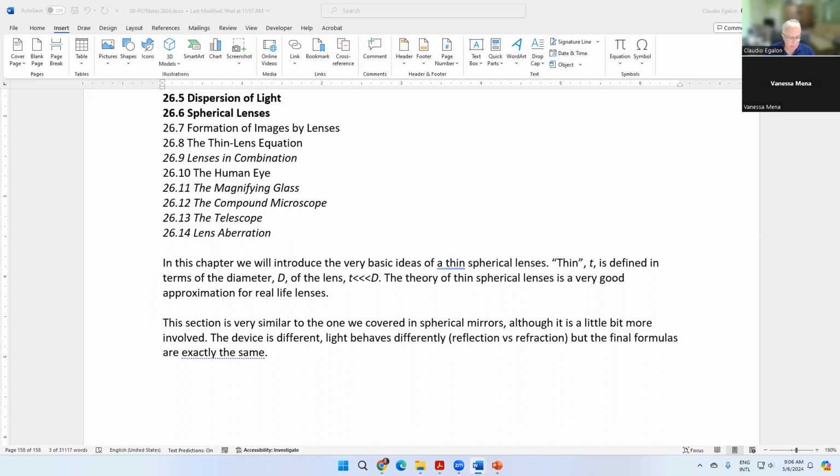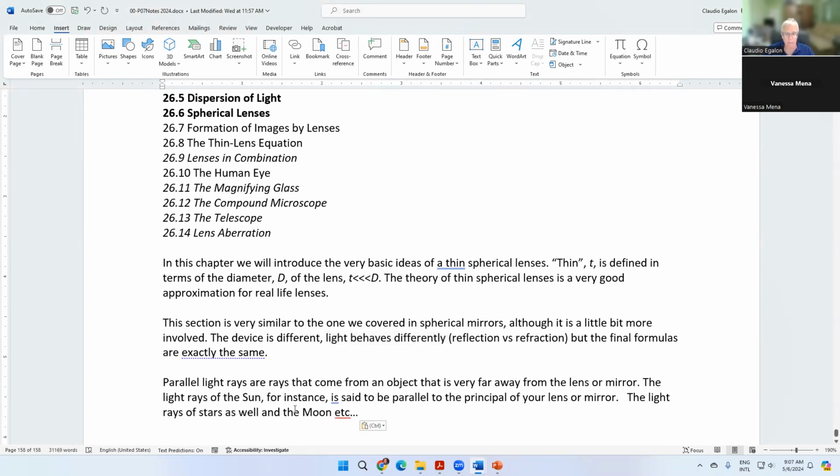The first thing that you have to know is the existence of collimated rays, parallel light rays. Parallel or collimated light rays are created from objects that are very far away from the lens or the mirror, like the moon, for instance. The light rays of the sun, the stars as well, and the moon, are parallel to the principal axis of your lens or mirror.